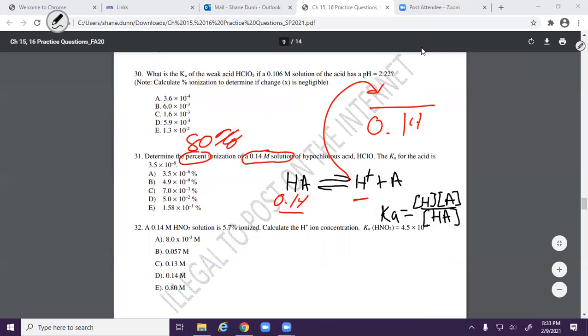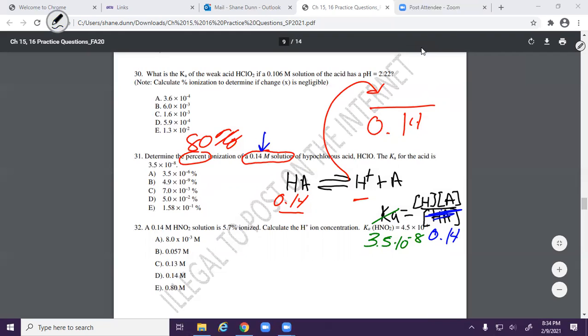Are you given a Ka value in this equation? So plug that in: 3.5 times 10 to the negative 8th. Are you given an HA value? 0.14. Are you given the amount of hydrogen or the amount of A? Yes or no?